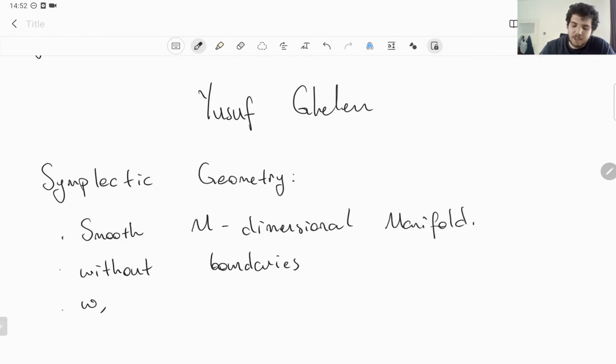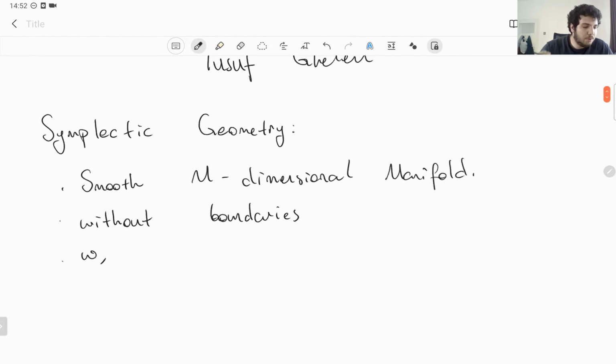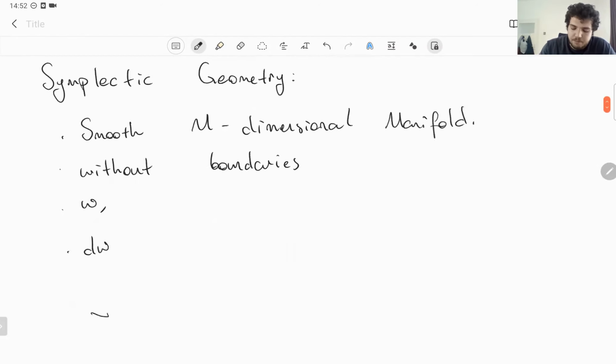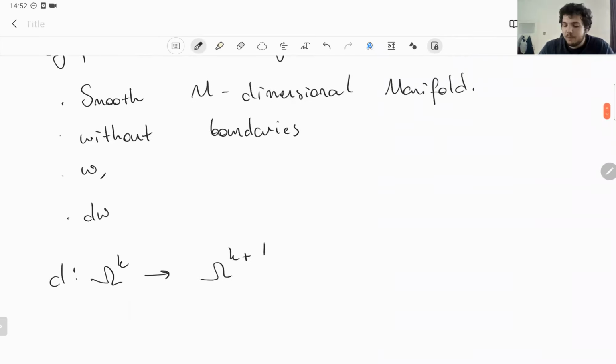We want omega to be closed. This means that d omega is equal to 0, where d is our exterior differential from omega k to omega k plus 1. This is the way we define d, and clearly d squared is equal to 0.